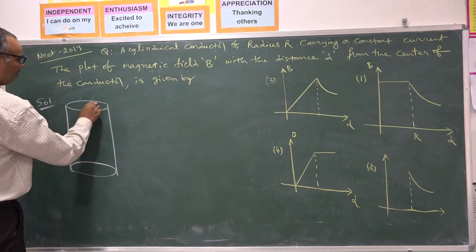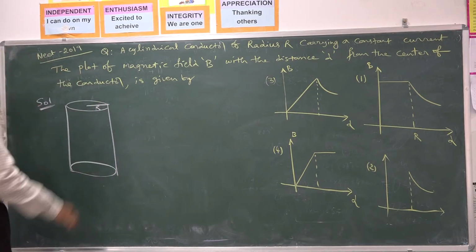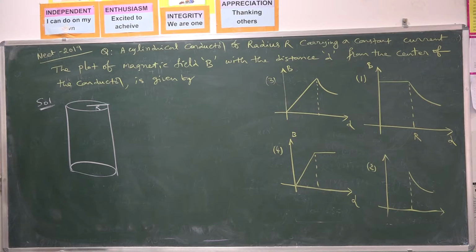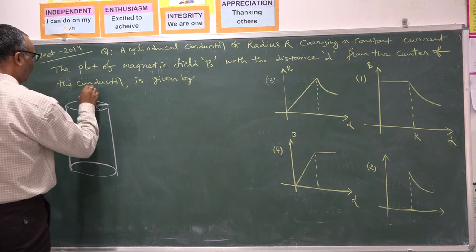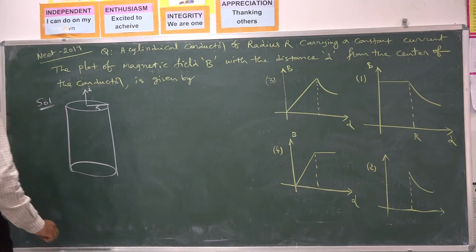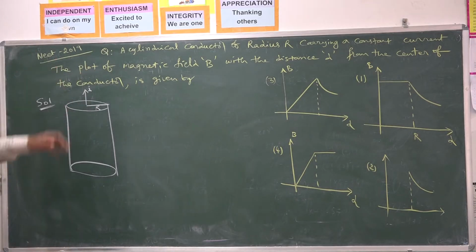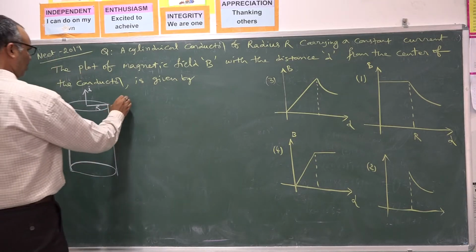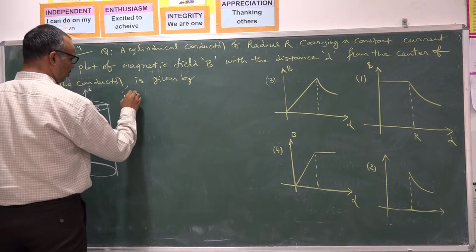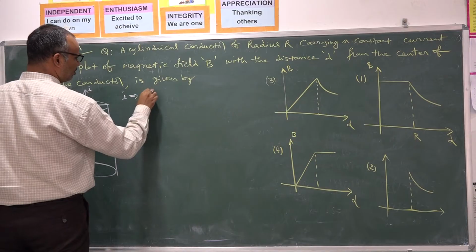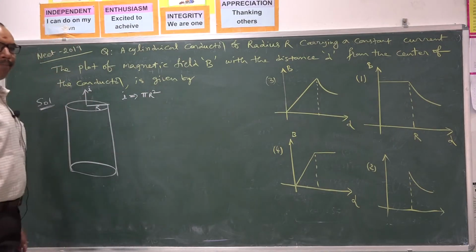This conductor is having radius r. It is carrying current I. This current is passing through the entire cross section. I passes through entire cross section, means entire pi r square area.